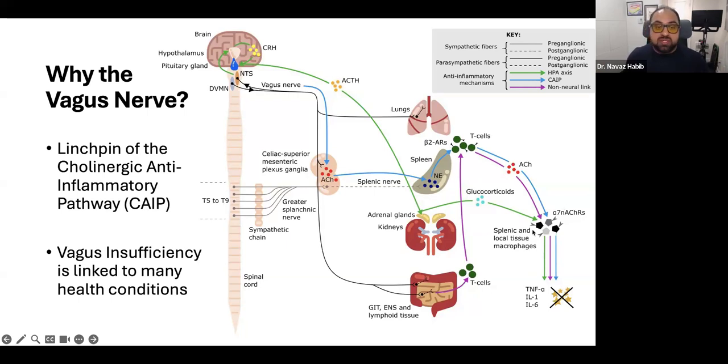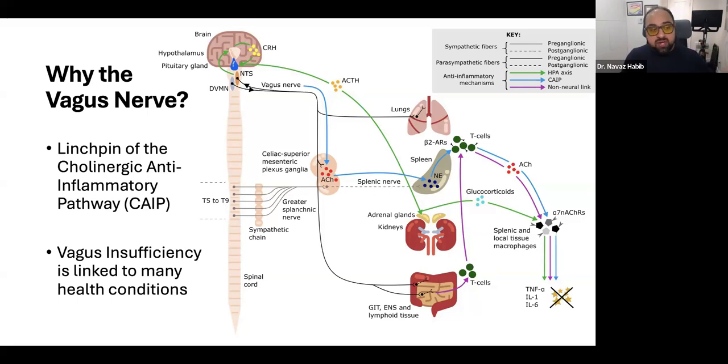Acetylcholine goes and attaches to the alpha 7 nicotinic acetylcholine receptor present on all immune tissues, most importantly, the local tissue macrophages and splenic macrophages. And what it does is it downregulates the inflammatory cytokine activation and shuts down the inflammatory process. This is really where the linchpin to this entire system is.